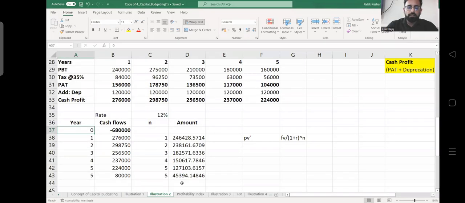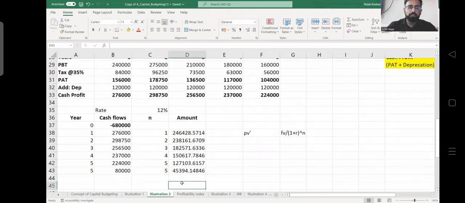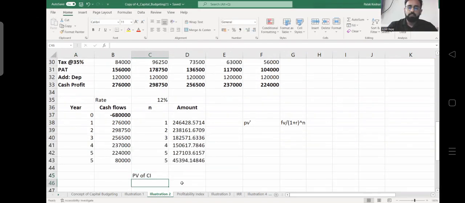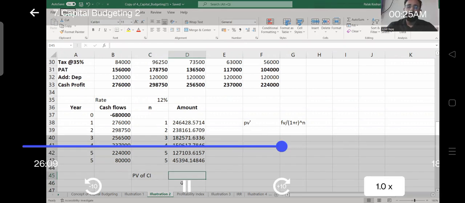Now I will do the total. If I do the total, what is going to be the present value of cash inflows? So please focus here. What is going to be the present value of cash inflows?